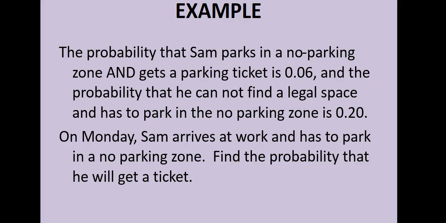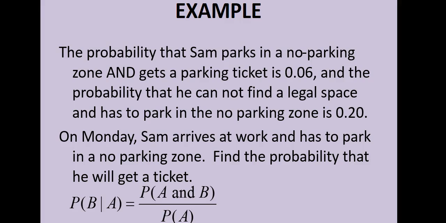So we want to find the probability that he's going to get a ticket given that he has parked in the parking zone. Now we know that he's already parked in the parking zone. That's a given fact. So what is now the probability once that has occurred that he's going to get a ticket? So that would be the probability of getting a ticket given that we parked in the no parking zone.